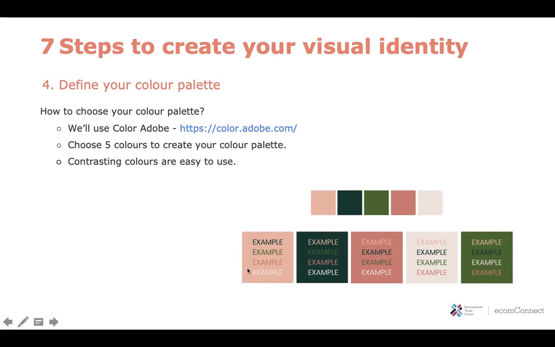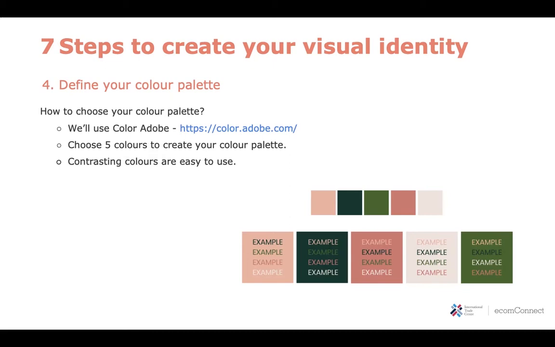As you can see, when the peach is in the background and the text is in pink, you cannot read properly. It's hard on the eyes, so you always need to think about how the colors work together and make sure they contrast enough so it's not difficult to read.